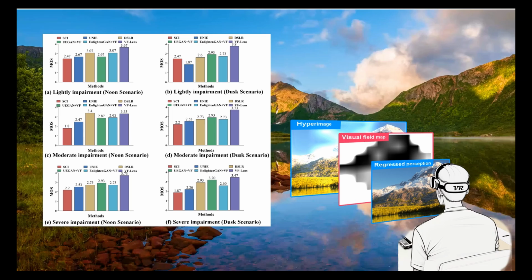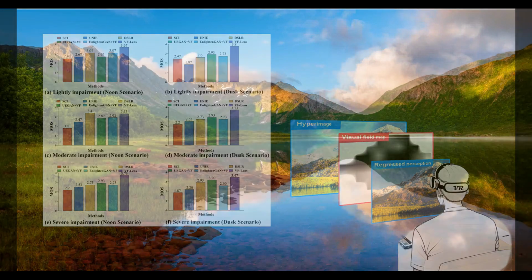The results show that VF lens achieved an average MOS of 3.8, significantly surpassing the average MOS of 1.8 to 3.4 obtained by the benchmark methods. The above results are consistent with our previous objective and subjective evaluation results.